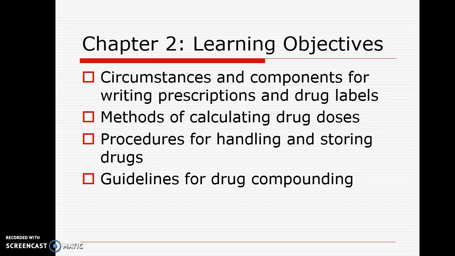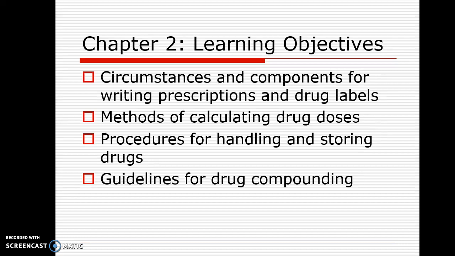So while your book does have a section on that, and it's certainly a great section to refer to, we're going to right now skip that section in particular in chapter 2. And I will give you instructions on that in D2L in the news item. You'll also need to know how drugs have a particular way to be handled and stored.